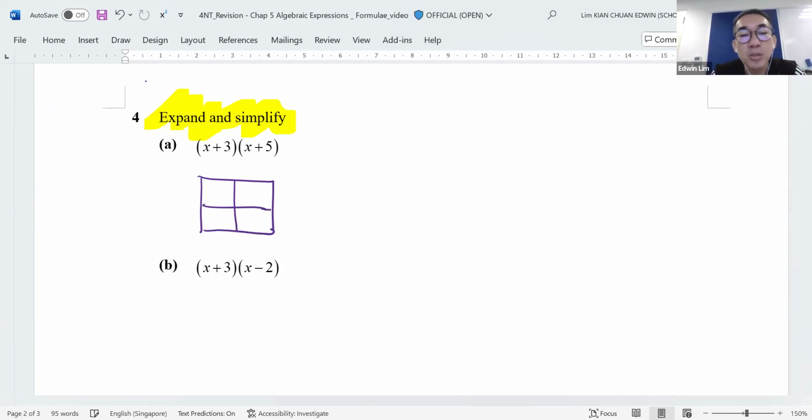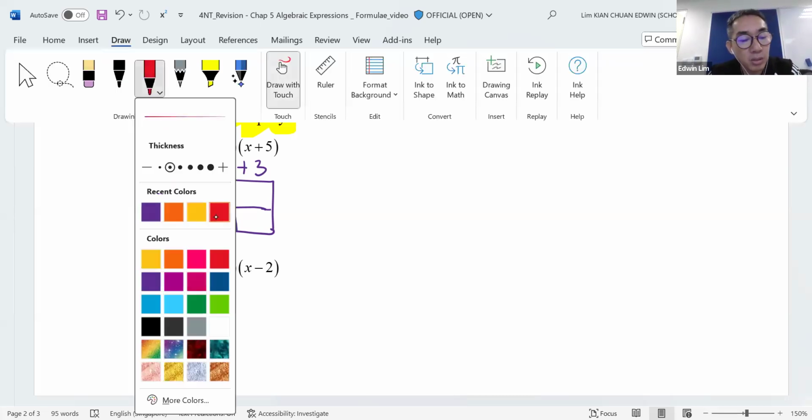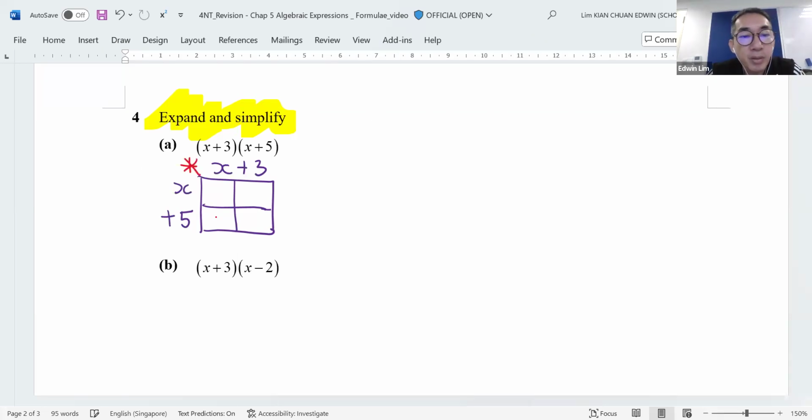Do draw the box. All right, so I will write x plus 3 here, x plus 5 here. Everything that I will do inside the box, I'm doing multiplication. So we need to fill up everything in the box.